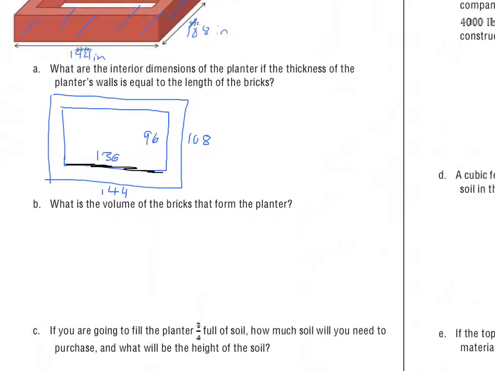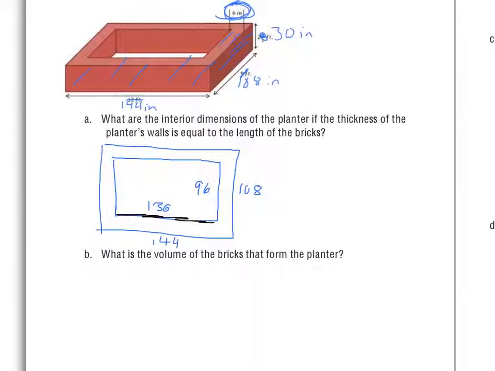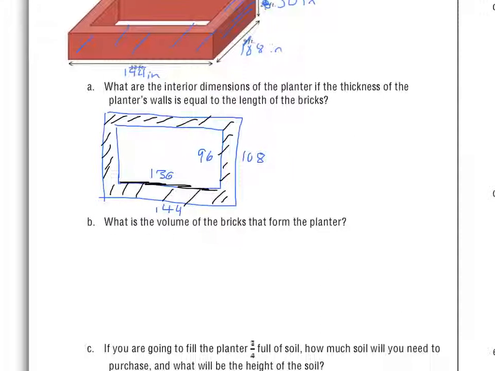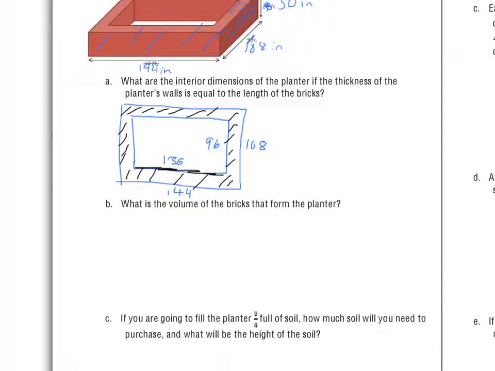One would be to think about this as a prism and actually find the area of the shaded region of the flat figure and then multiply by the height, since it is in a lot of ways exactly like a prism. Or the other way would be to find the outer volume and subtract the inner volume. Because we've talked about that already today, why don't you go ahead and solve it that way.